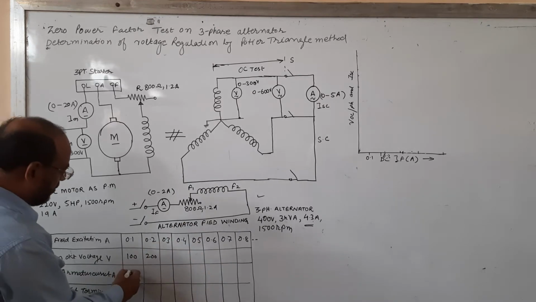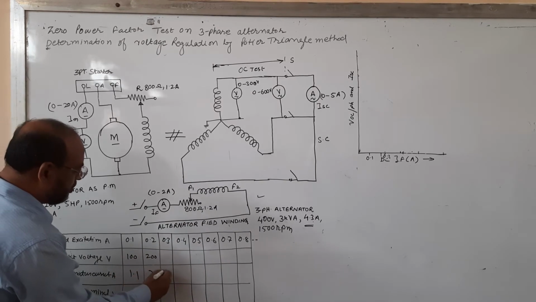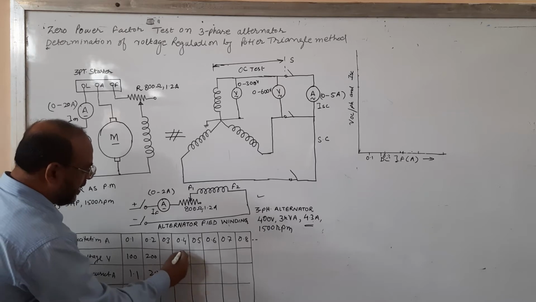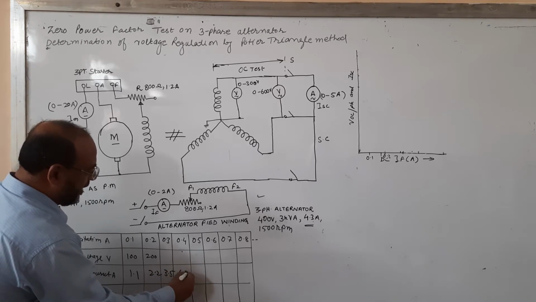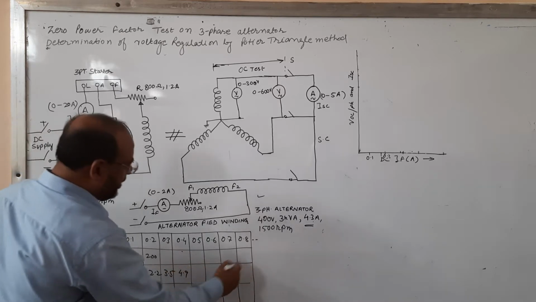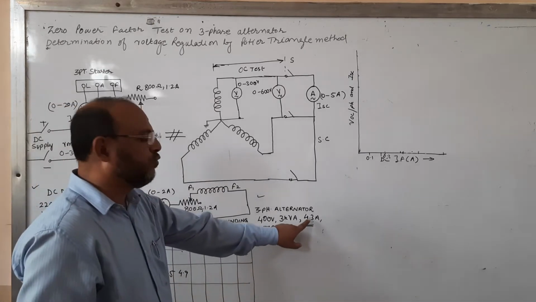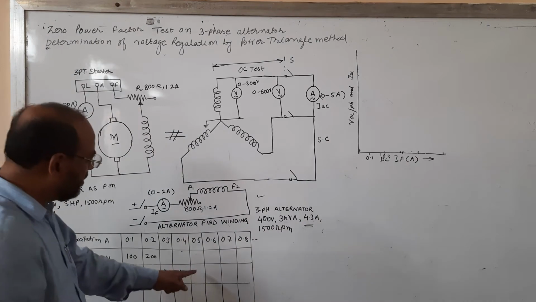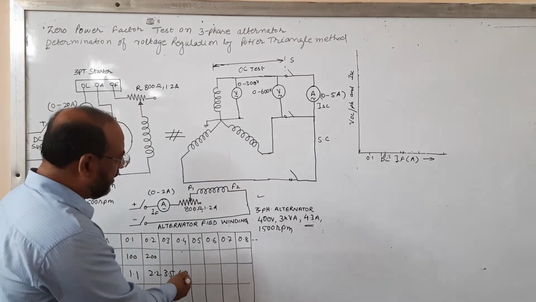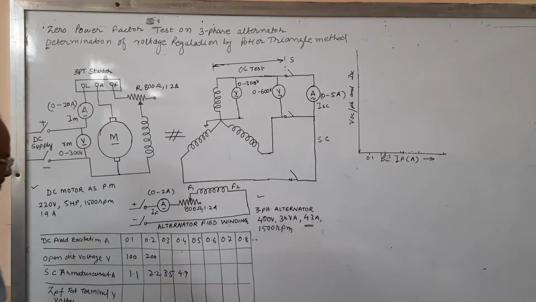Say at 0.1 ampere it is 1.1 ampere, 2.2 ampere, 3.5 ampere, and say 4.9 ampere and so on. So take the reading up to the maximum current. The rated current of the alternator is 4.3. So hardly 4 to 5 ampere we can take, otherwise it will get heated.